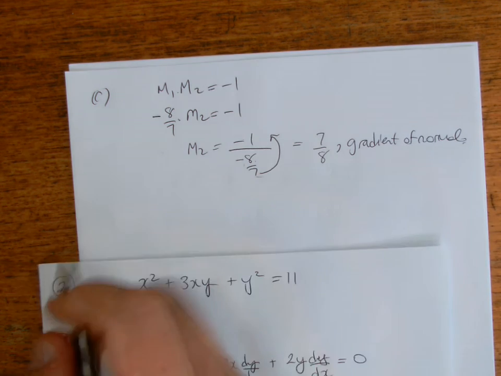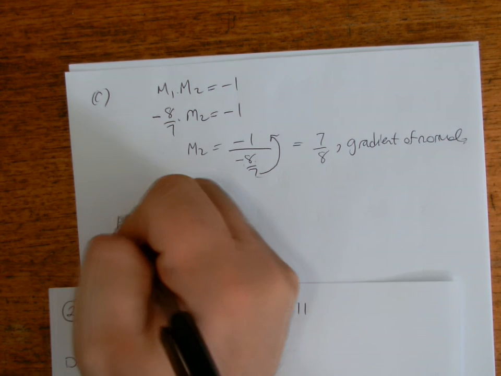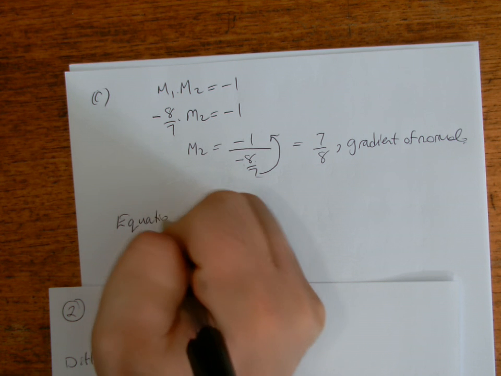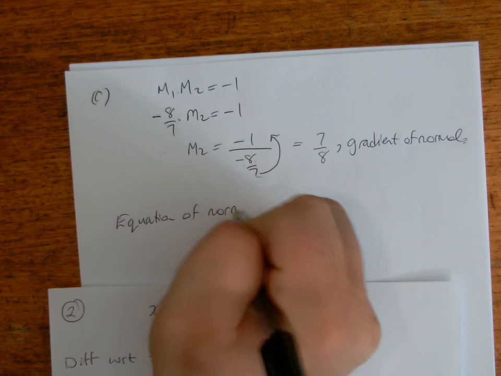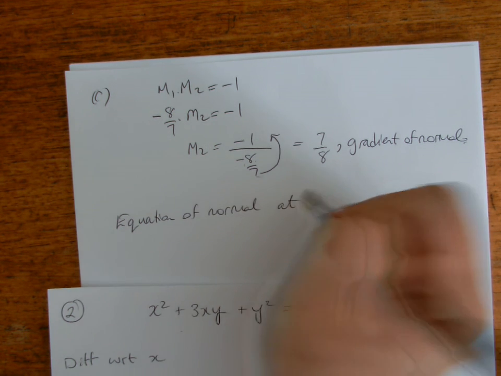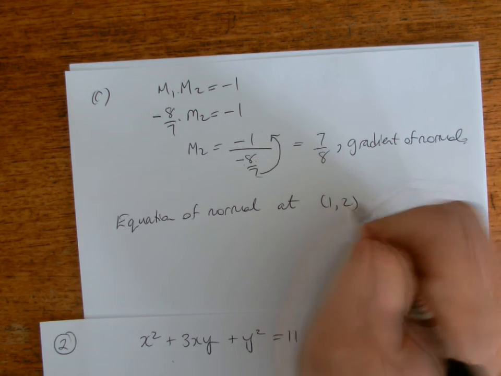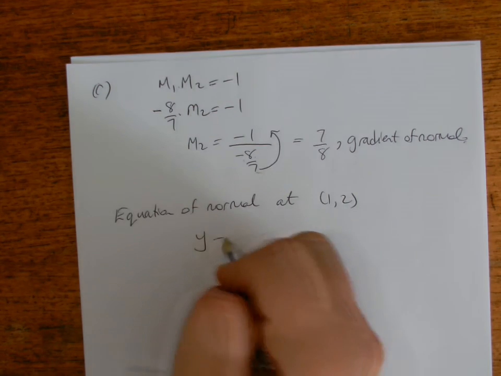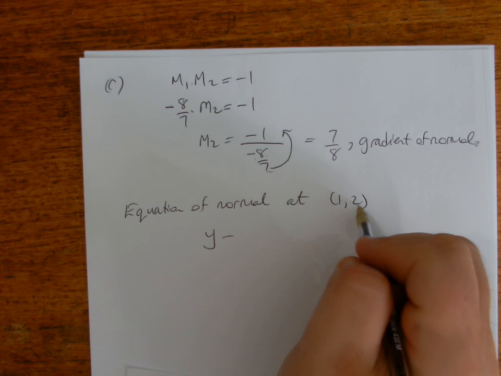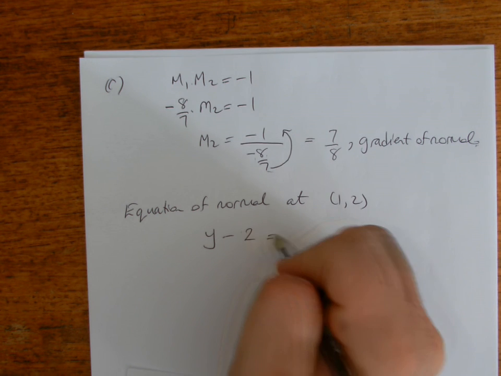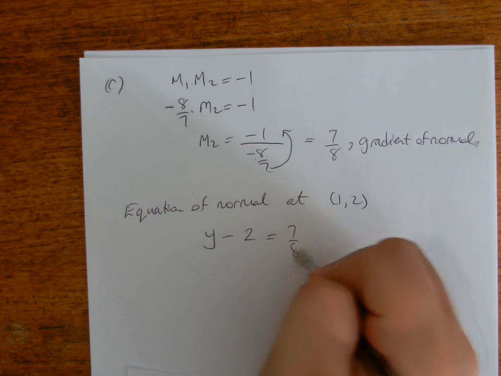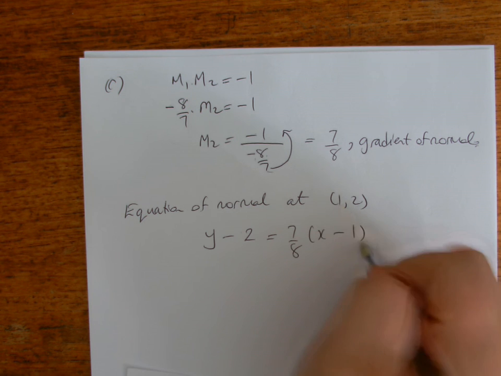So now let's work out the equation of the normal. At the point, what was the point again? (1, 2). So y minus y1, your y1 is 2, your gradient is 7/8, and your x1 is 1.